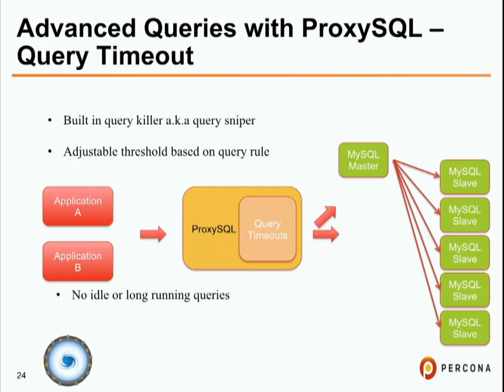Or you can also say 3 seconds is your normal maximum execution time, but then you define which queries can run up to 5 minutes. Just making up an example. So those queries will be allowed to run for 5 minutes, while everything else will be allowed to run only for 3 seconds. Everything that runs longer will be killed. And of course, the application will be notified and will understand that something's wrong.